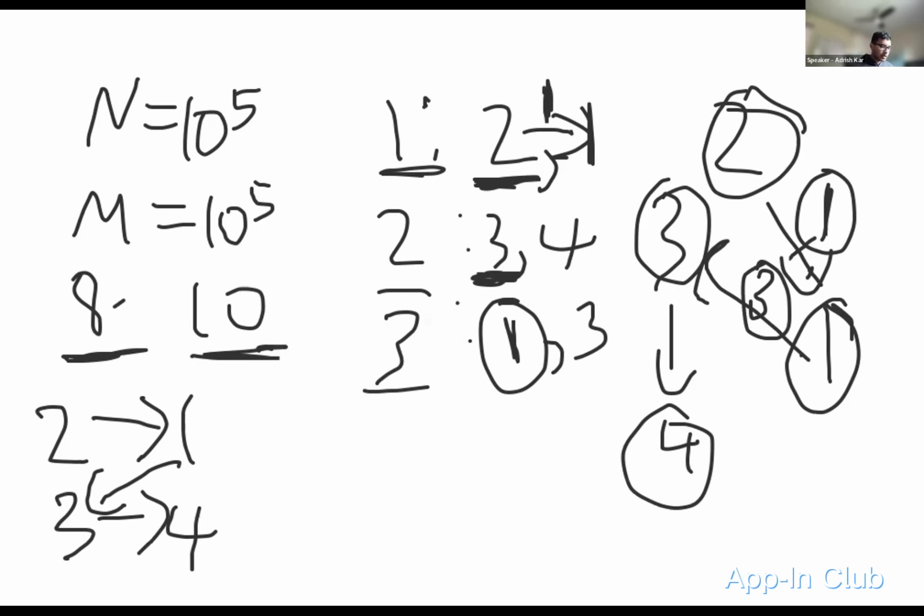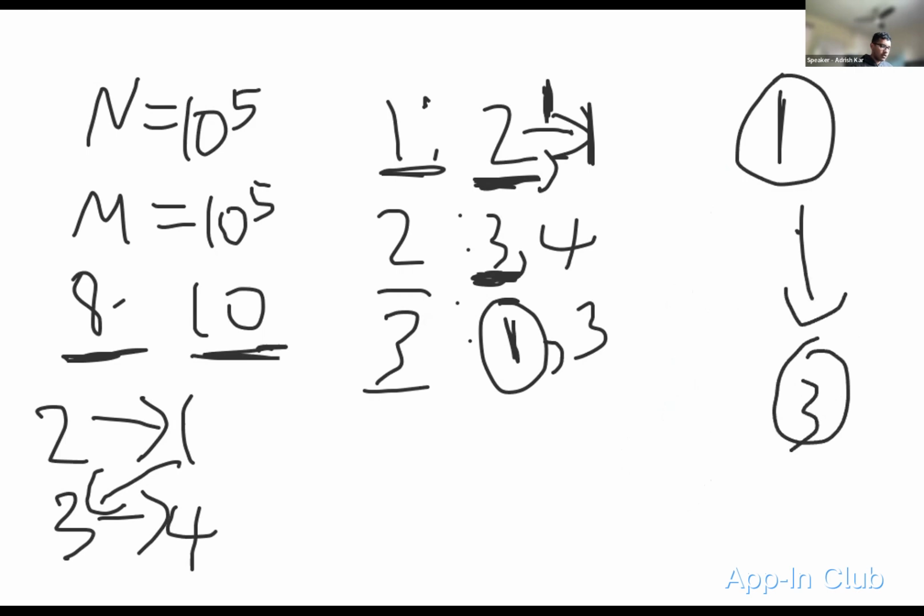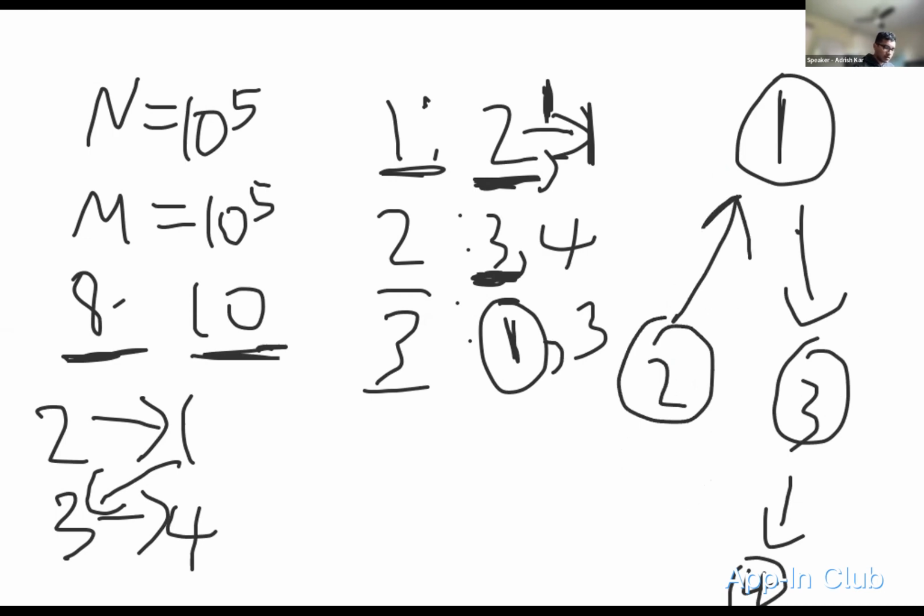So this is a sample input, and if I redraw the graph and root it at a particular node, so 2 to 1 is represented by 1. 1 to 3 is represented by 3. 3 to 4 is represented by 2.